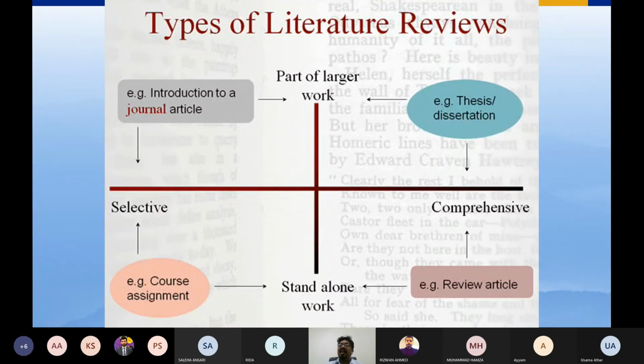I generally suggest to my students that if you read a paper and you want to cite it in your thesis, you write one paragraph on one paper, maybe 10 to 15 sentences. But in a journal article, maybe only one sentence is enough as a literature review.